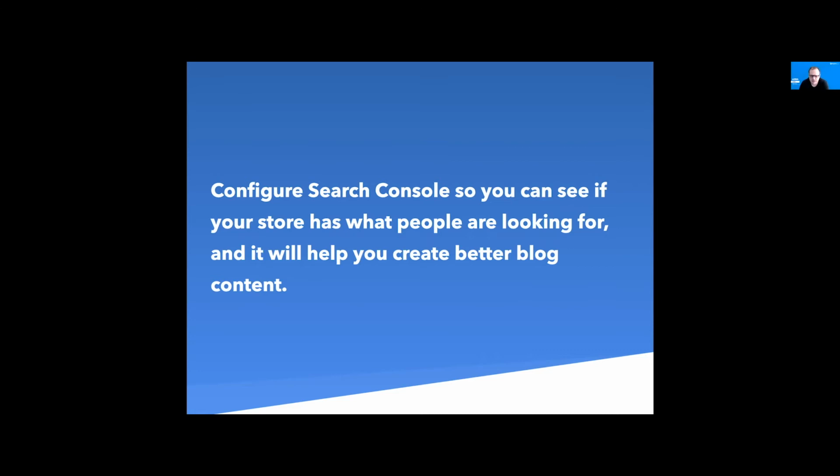You also want to make sure that you've configured your Search Console, so you can see, basically through Google Search Console, what people are looking for through search, and it'll help you create better content to write your blog posts about. So using Google Search Console, you connect it up to your website and it'll tell you you've had 200 visitors today from Singapore, and the most popular term was furniture, for example.